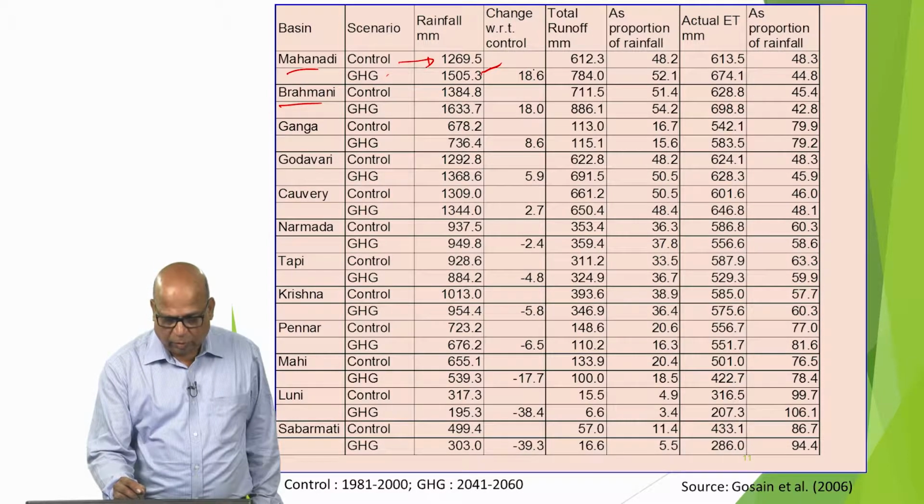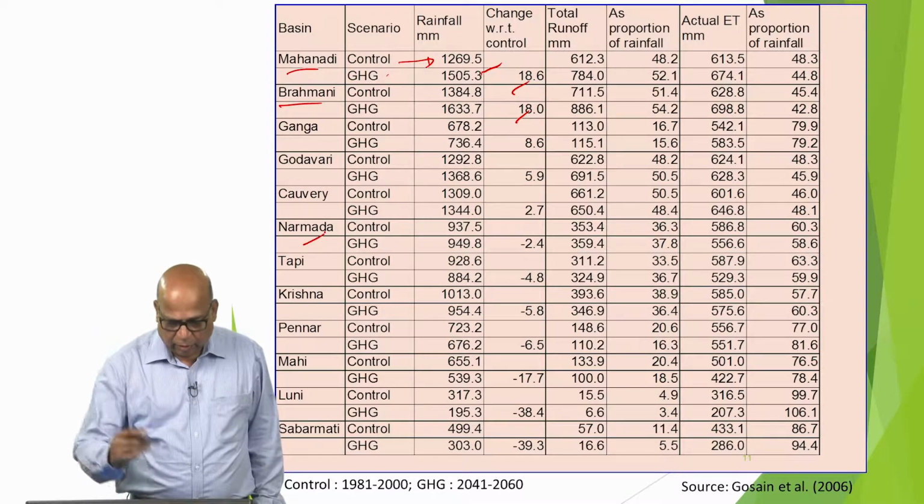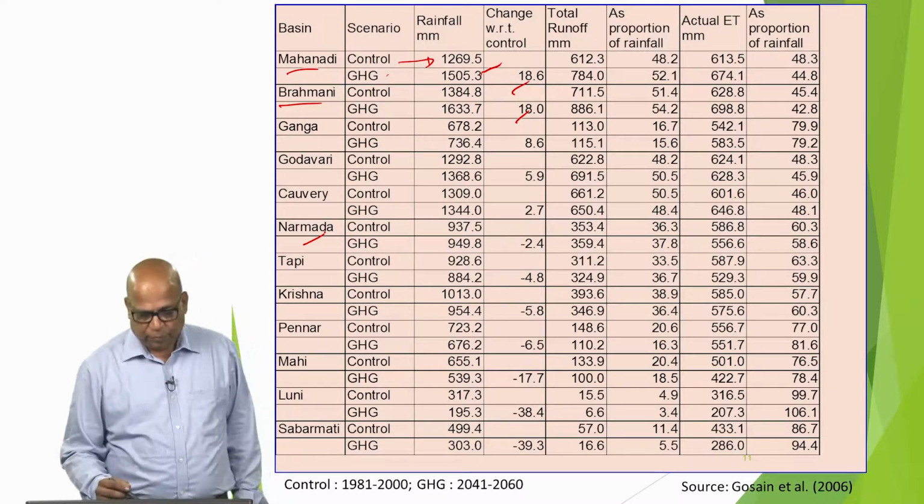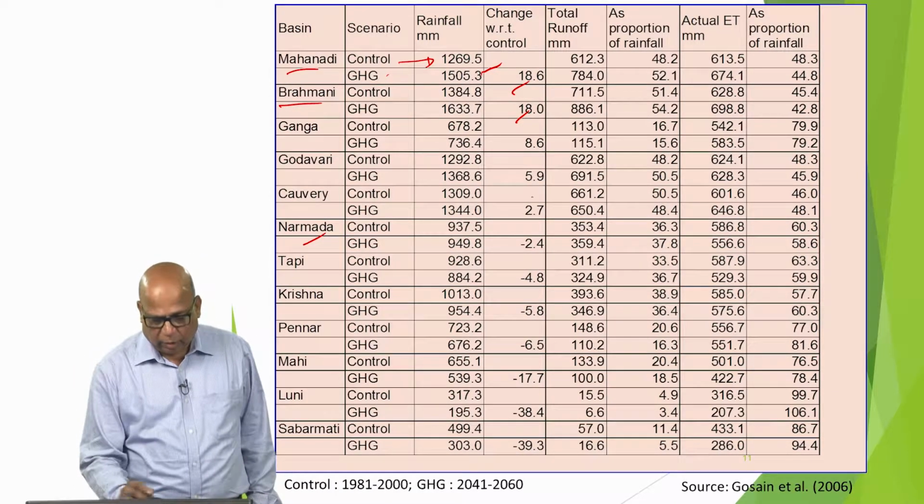So, as long as this is positive, it indicates that there is an increase in the rainfall, 18.6%, 18% and so on. Once we come down to Narmada here, that is in the peninsular region, no, in fact, not necessarily peninsular, because Godavari, Kaveri, they are also likely to increase.